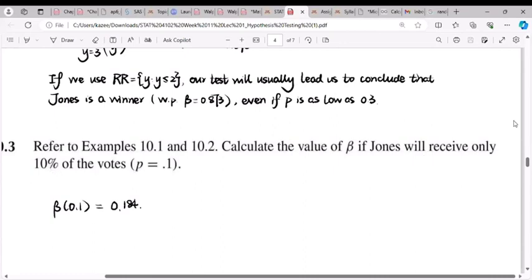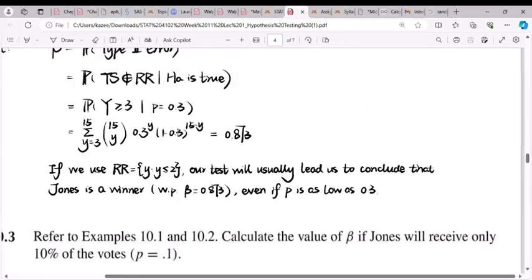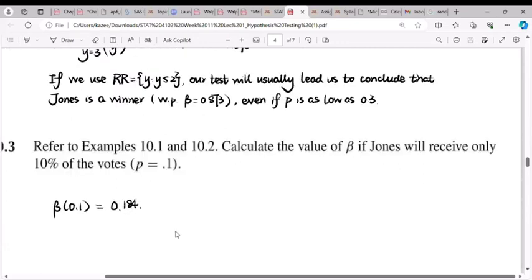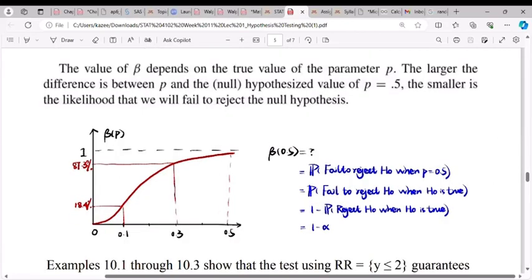You just need to come back to the formula here, where you got a P, put 0.1, and what we're going to have will be less than 0.873, which is going to be 0.184. So if the observed proportion value is small, the probability of type 2 error will decrease. Now because of that, I'm going to show you this.